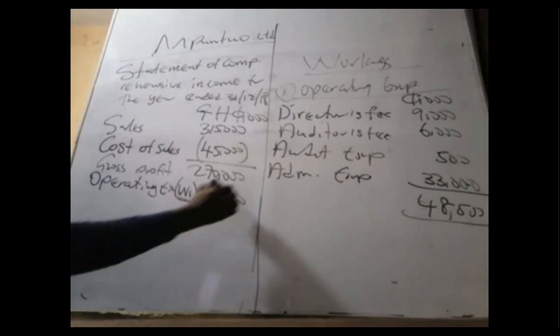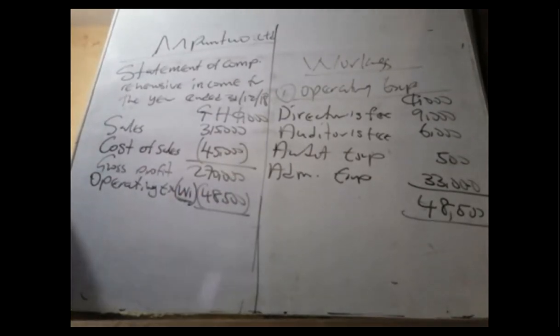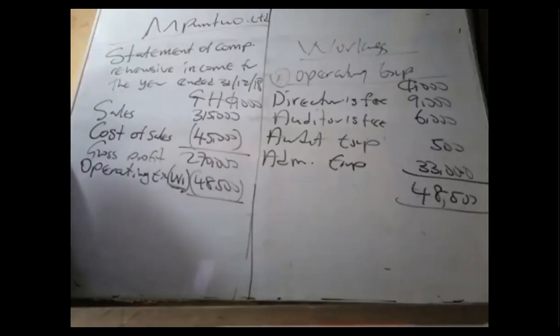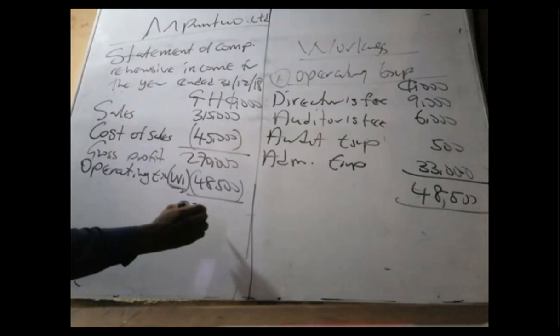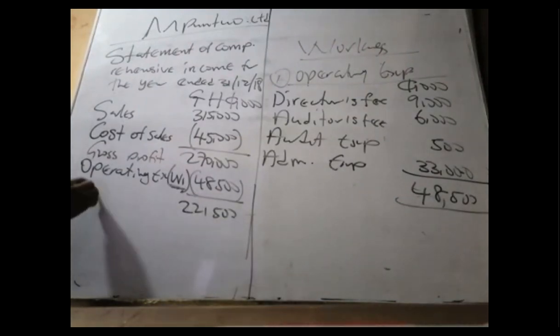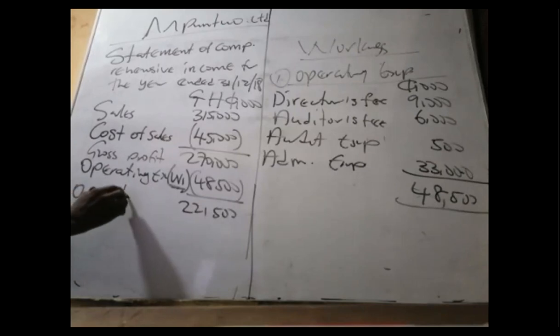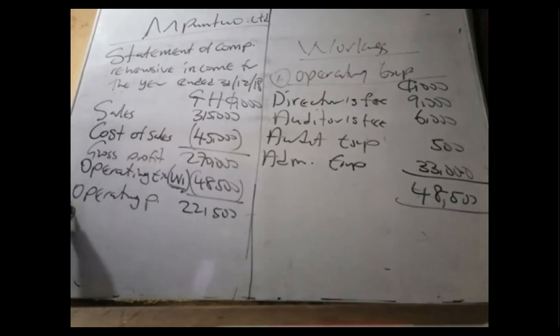Okay. Then you subtract 9. So 221,500, and we call it operating profit. Next item is our other income.